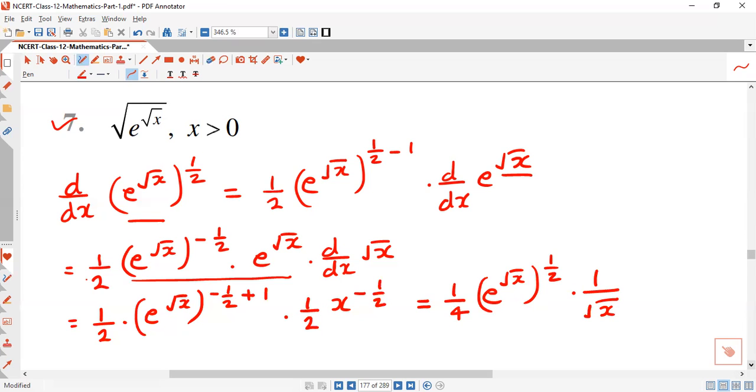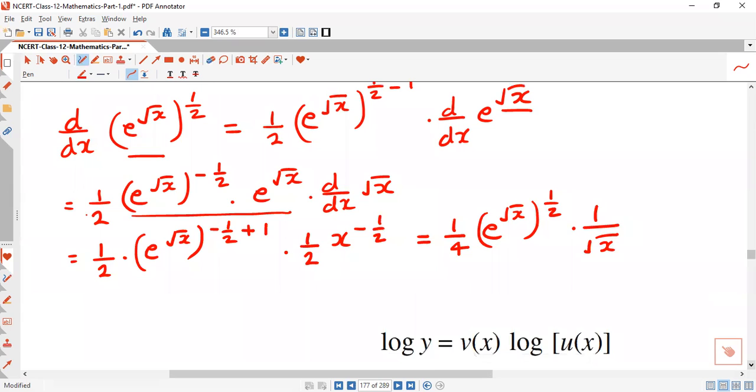The question is given in root form, so I will also write the answer in a similar form: 1 by 4 e raised to root x divided by root x. This will be the answer for this question.